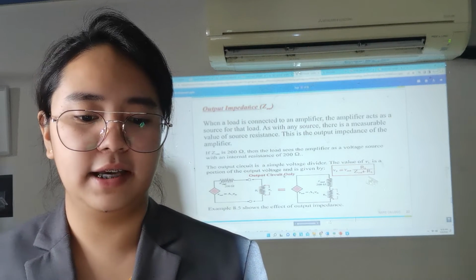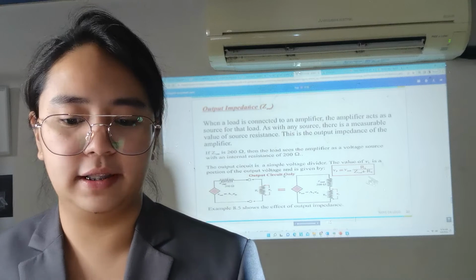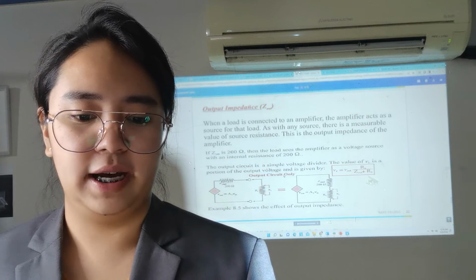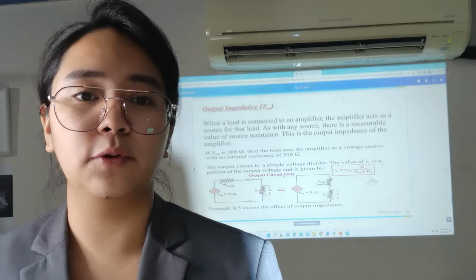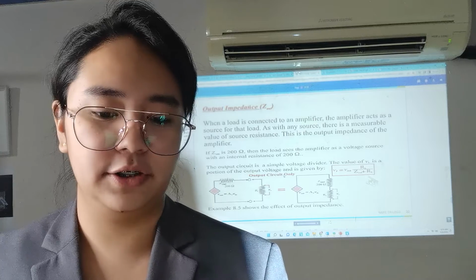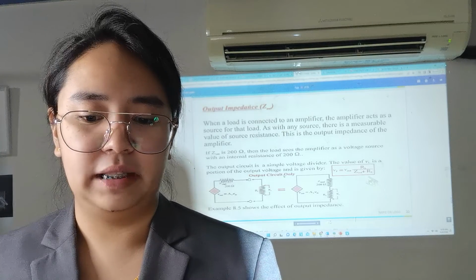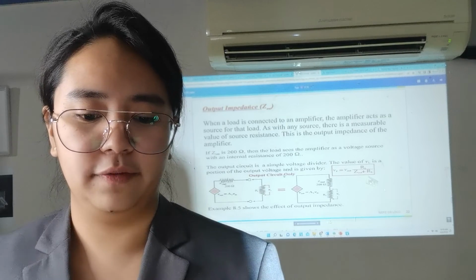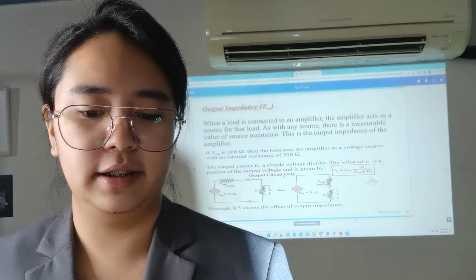If Zout is 200 ohms, then the load sees the amplifier as a voltage source with an internal resistance of 200 ohms. The output circuit is a simple voltage divider. The value of VL is a portion of the output voltage and is given by the divider equation.